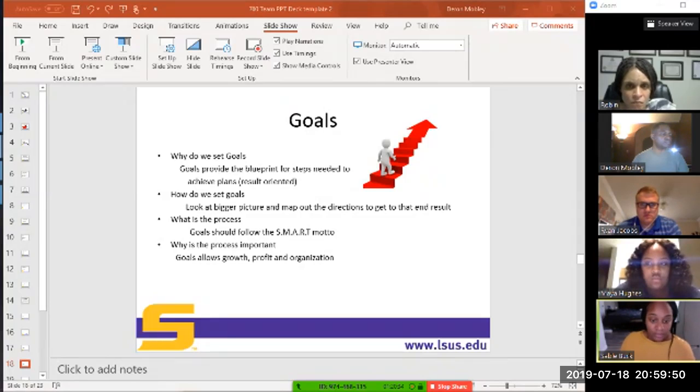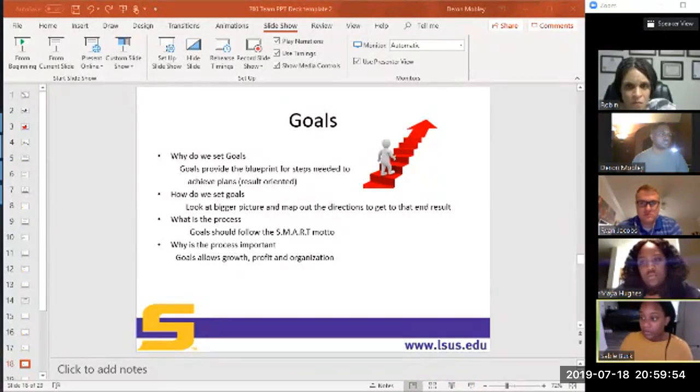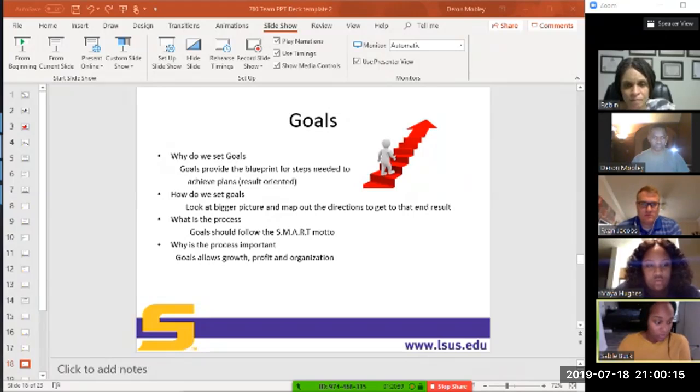We look at the bigger picture and map out what we need to do and the steps we need to take to get to that bigger picture. What is the process? Goals should follow the SMART motto. And why is the process so important? Goals allow growth, profit, and organization. And we can move on to the next slide where I discuss SMART goals.